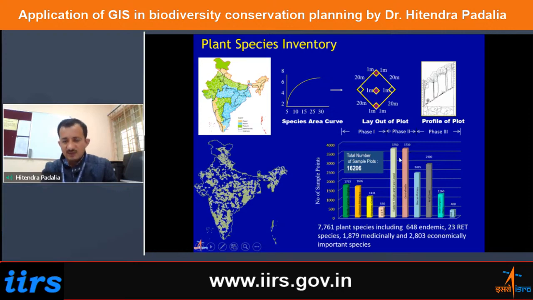This type of approach you can adopt when you plan biodiversity conservation for a particular region. You first decide the total ecological region, which should have some ecological identity. It should not be a certain district or arbitrary administrative boundary, but rather boundaries based on ecological boundaries such as biogeographical provinces.